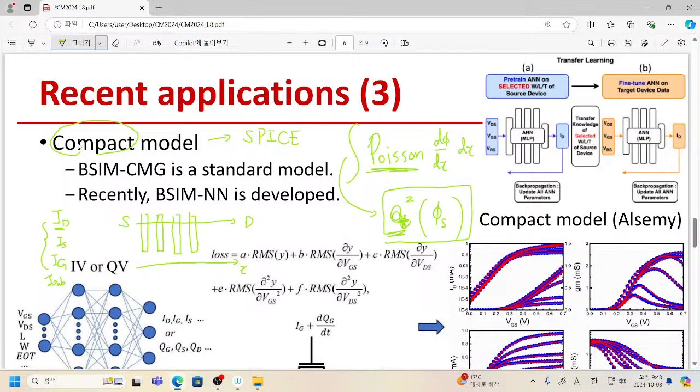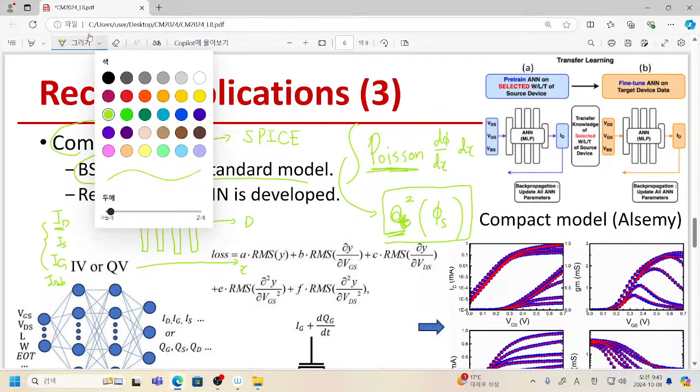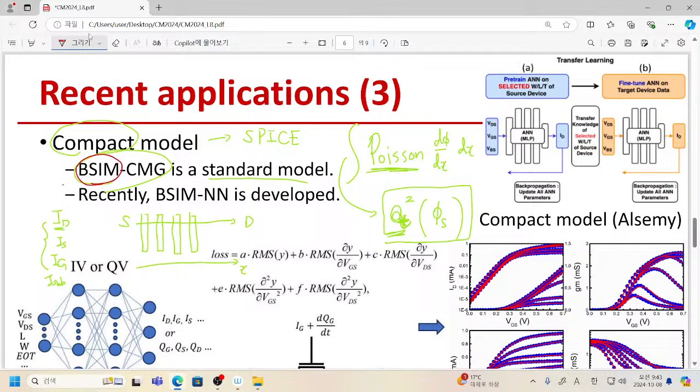So it is extremely important, and there is a standard model, for example BSIM-CMG. BSIM is a family of compact models, and this B stands for Berkeley, UC Berkeley, where there is a group dedicated to the development of this model, and this is the industry standard one.